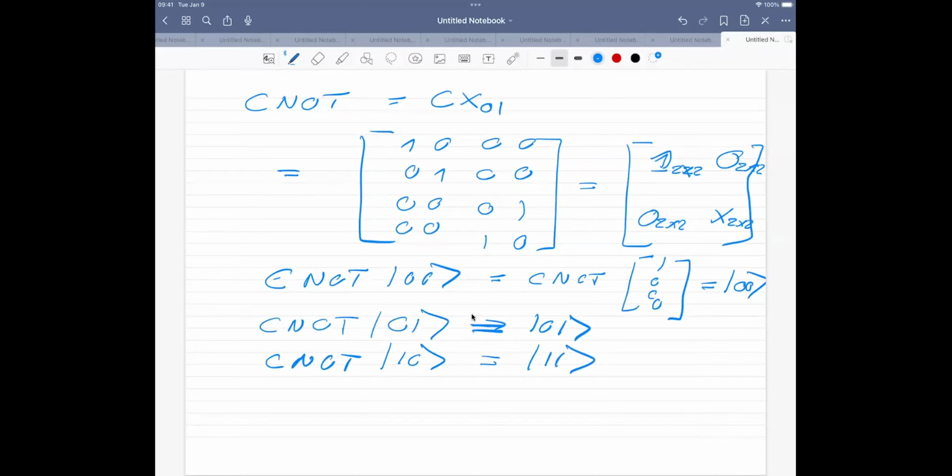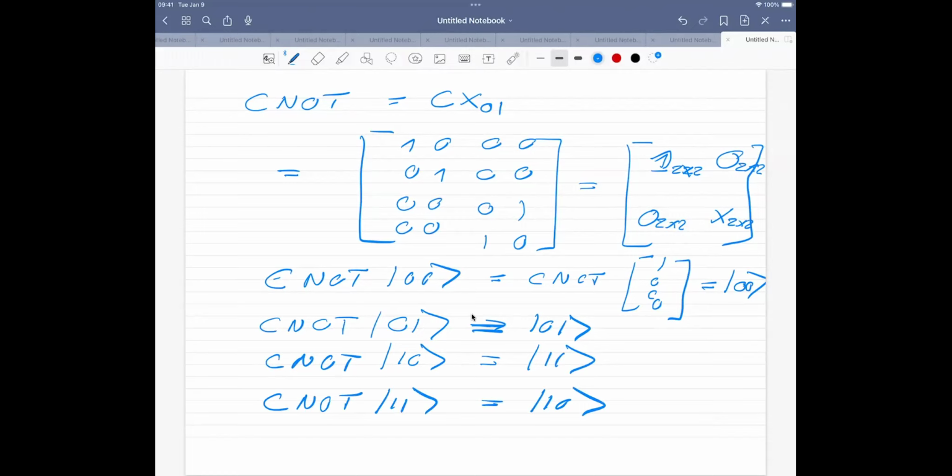So that means that if the first qubit is in state 1, then I'm actually changing the second qubit. So we have a C0 here. If I act on 1, 1, that becomes equal to 1, 0. So you see qubit 1 is left unchanged, but qubit 2 is changed, depending on the value of qubit 1.